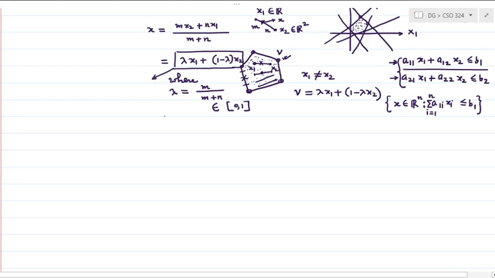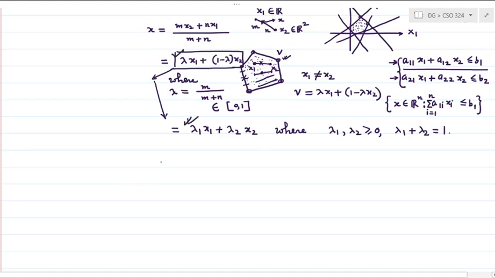This expression is also presented as lambda 1 x1 plus lambda 2 x2, where lambda 1 and lambda 2 both are greater than or equal to 0, together with lambda 1 plus lambda 2 equal to 1. The same thing here: lambda is in between 0 and 1, so obviously 1 minus lambda is also in between 0 and 1, so both of them are positive and their sum is equal to 1, right? They are equivalent. These expressions are all the same identical expression.